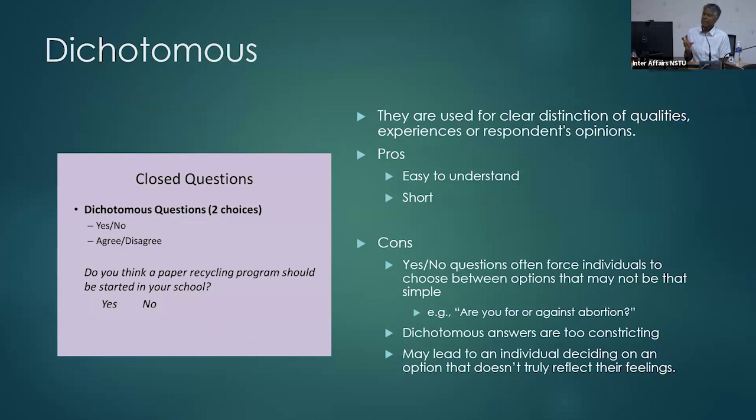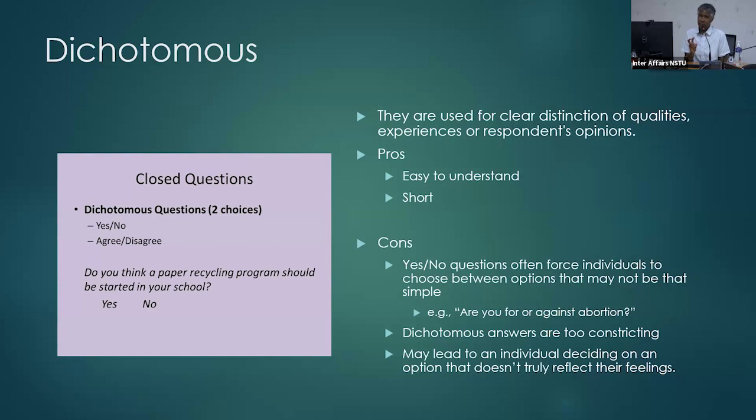But there are people who may think that there are circumstances in which their answer might change from yes to no. So, for example, are you for or against abortion?